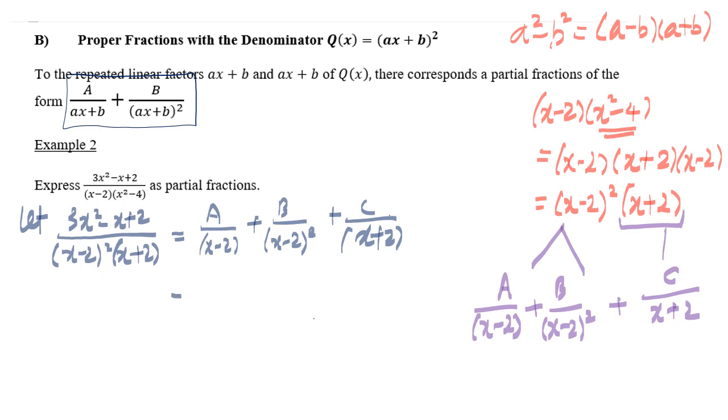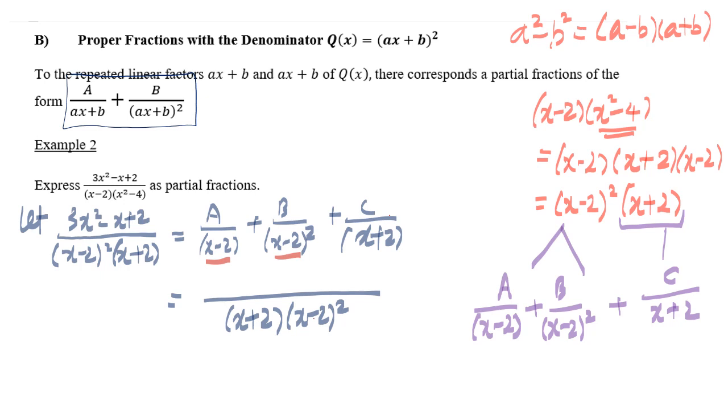So we need to have a huge line, and we need to decide what to use as the common denominator. So one of them has to be x plus 2, that's for sure. And between x minus 2 and x minus 2 squared, we have to take the biggest one. So the bigger one will be bracket x minus 2 close bracket squared. So that will be our common denominator.